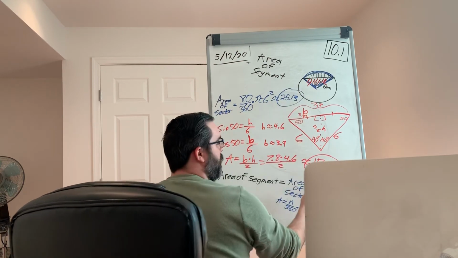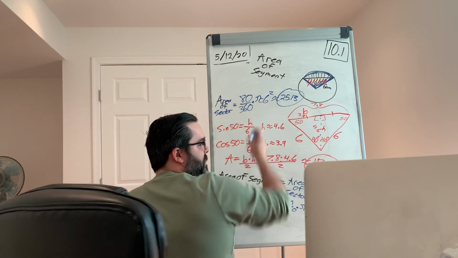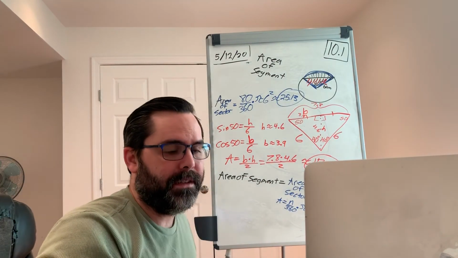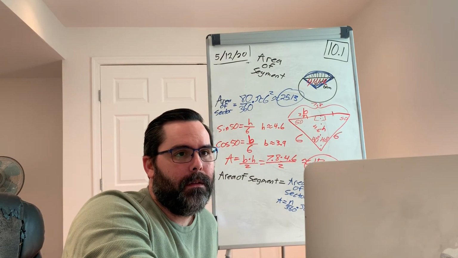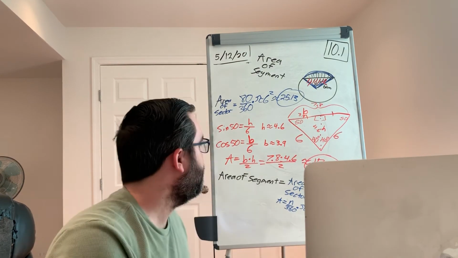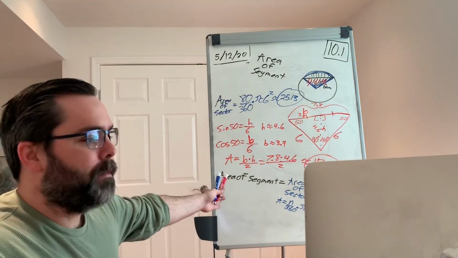Now, this number will always be less than this number because the space is smaller. The red space is smaller than the blue space, right? Okay. So now I'm ready for my area.